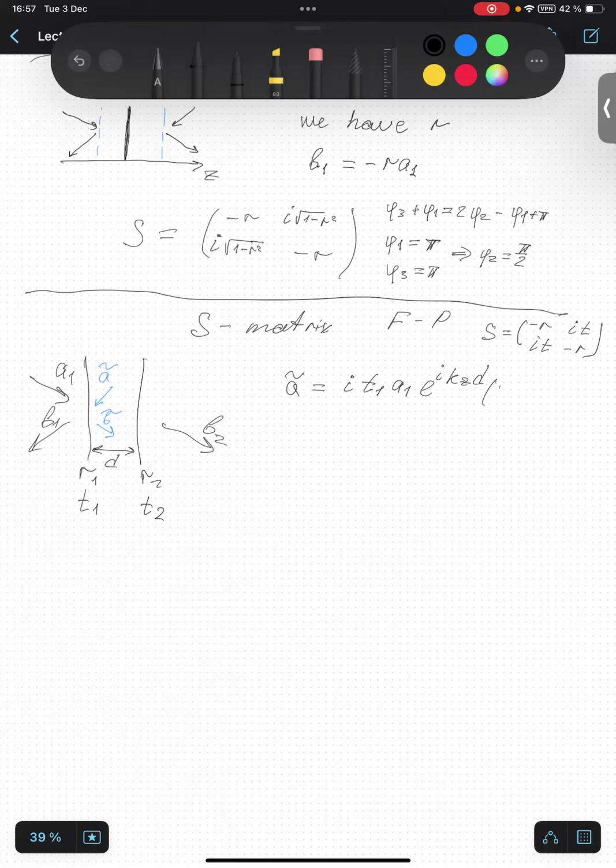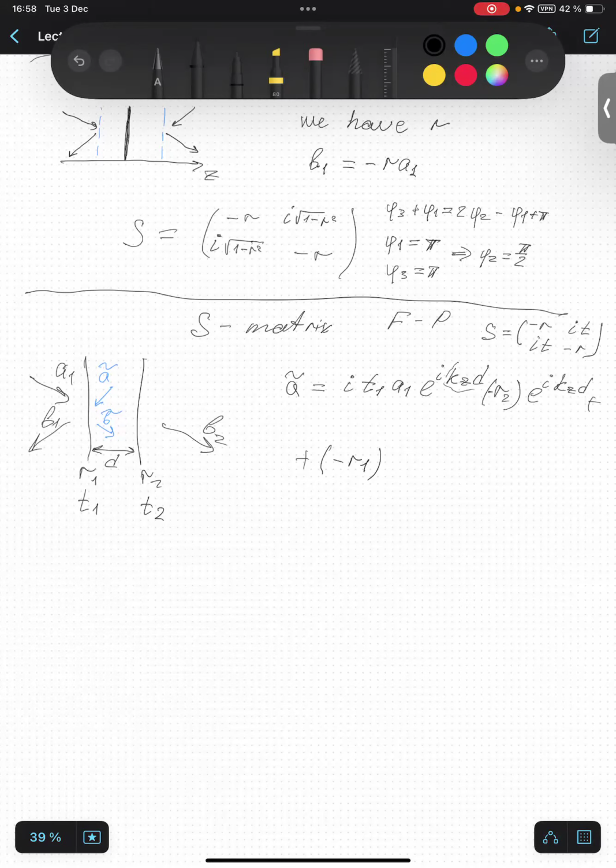Then it reflects from the second mirror and goes back and again obtains the phase i k_z d. Then again it goes like minus R1, reflects from the first mirror.